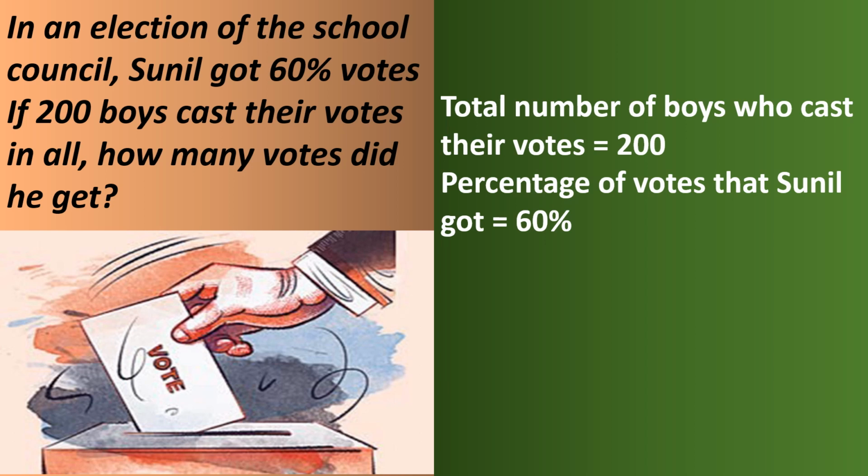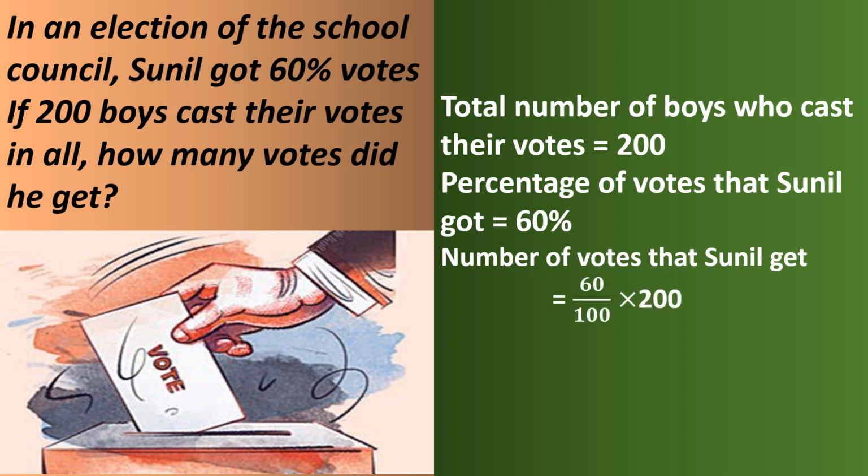60% means 60 per 100. But we need to find out votes from 200 students. So what we need to find out is the number of votes that Sunil got, that is 60% of 200. 60 by 100 multiplied by 200.